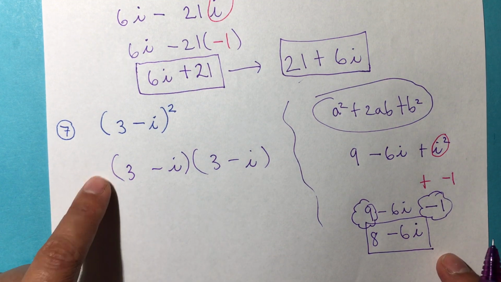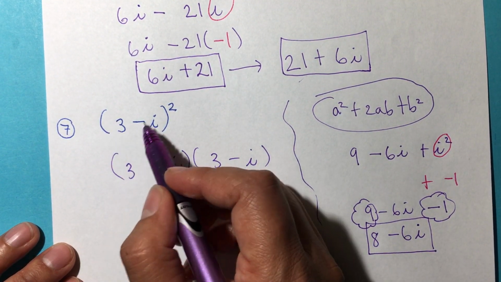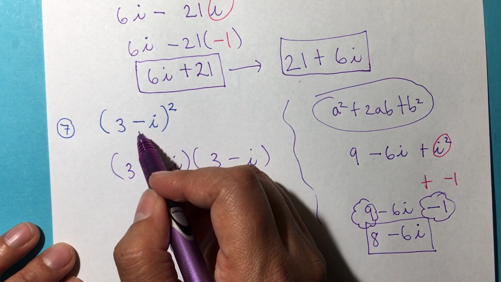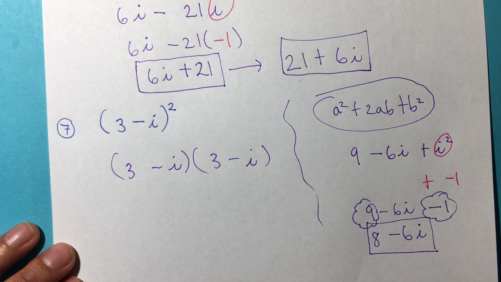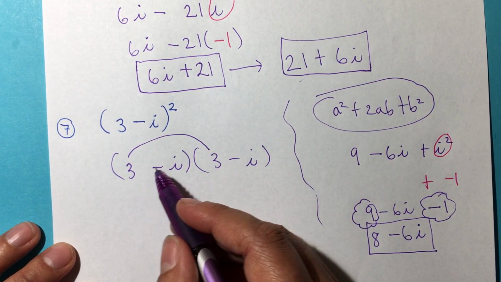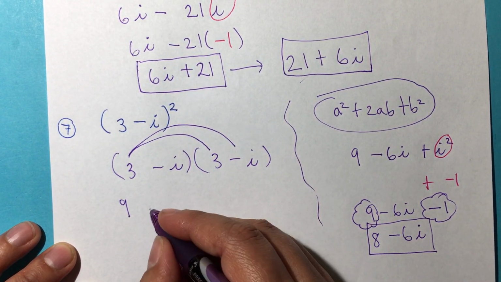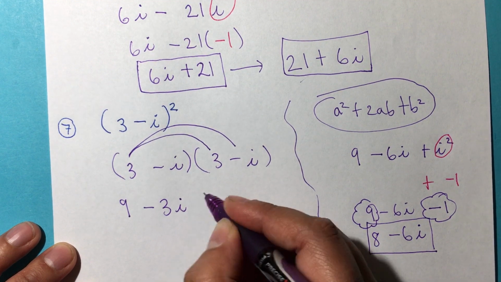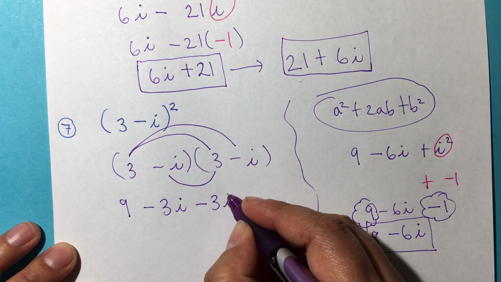Now let me show you by writing it down. Again, when you're squaring something, it means that base multiplied by itself 2 times. And so that's why I'm writing it 2 times. You do the distributive property or FOIL. So 3 times 3 is 9. 3 times negative i is negative 3i. Negative i times 3 is negative 3i.